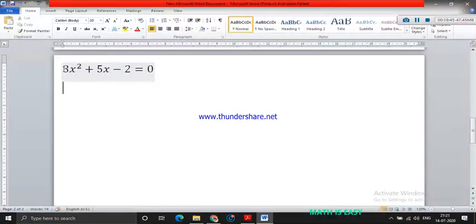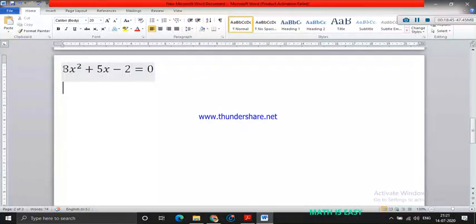Now when I compare both these equations, can you give me the values of a, b and c? A value is going to be 3. I am just comparing. B value is going to be 5. And here C value is going to be minus 2. Why am I taking this? Here plus c will be equal to minus 2. So I got A value, B value, C value.